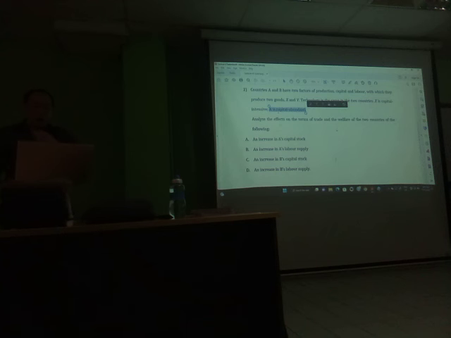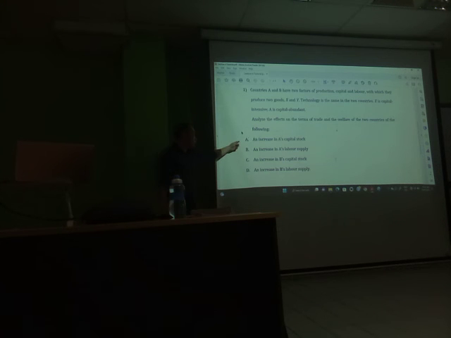So there is some sort of uncertainty here because the decrease in the terms of trade can be offset by the increase in exports to other countries. It depends on which side is heavier, which side is stronger. The decrease in the terms of trade stronger, or the increase in the supply or export stronger. If the decrease in the terms of trade is stronger than export, then the welfare increases.